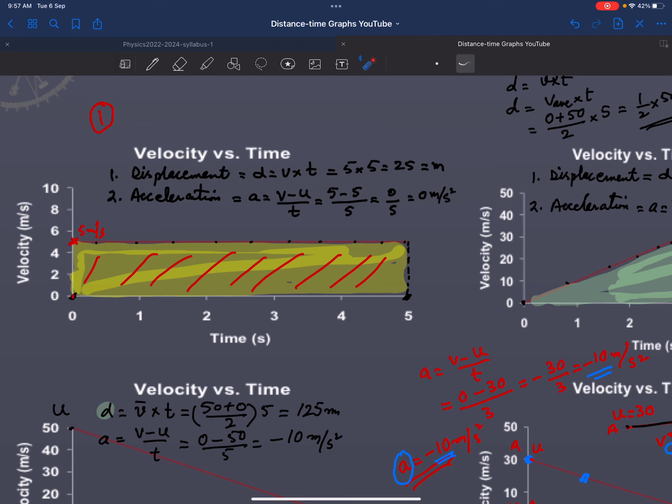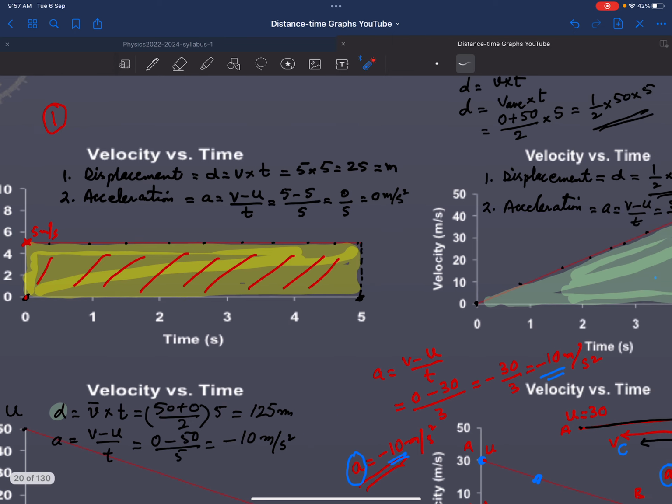Graph 1 shows that the body is moving with a constant velocity with 0 acceleration, and in 5 seconds the displacement is simply 25 meter. So this is how you can calculate the displacement and acceleration.